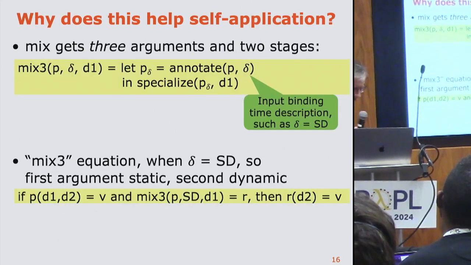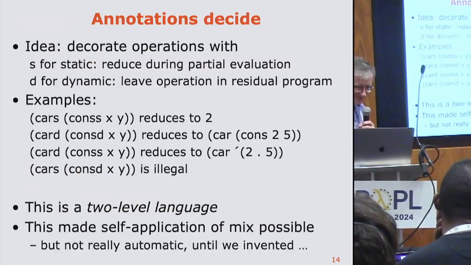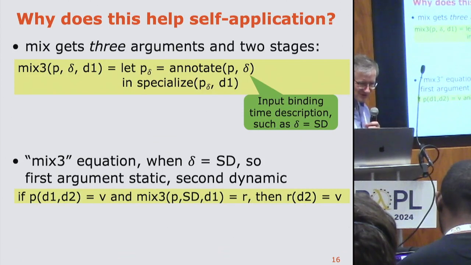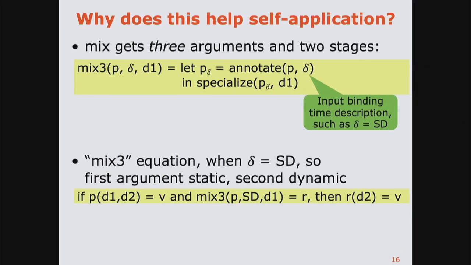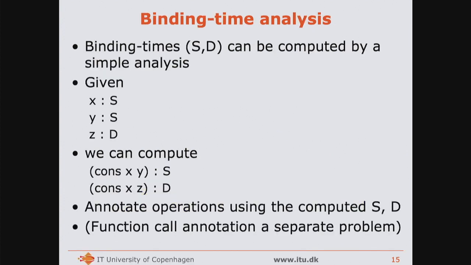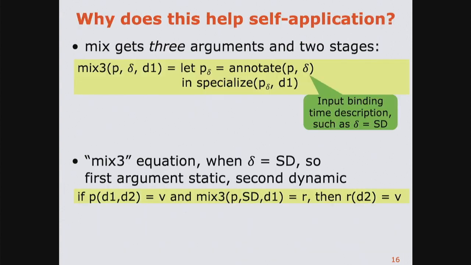So the question is why this actually works. And I think we didn't totally understand it at the time, but here's an attempt to reconstruct what works. By introducing a binding time analysis as a pre-step to a partial evaluation, we actually give mix an extra parameter.